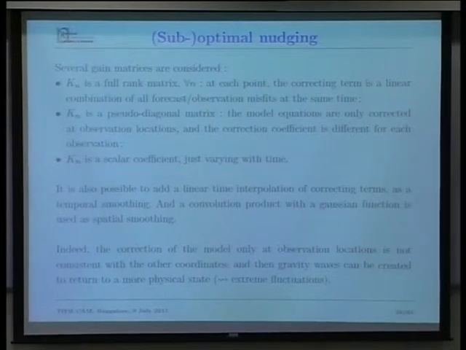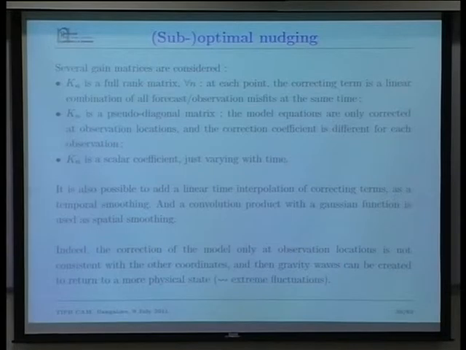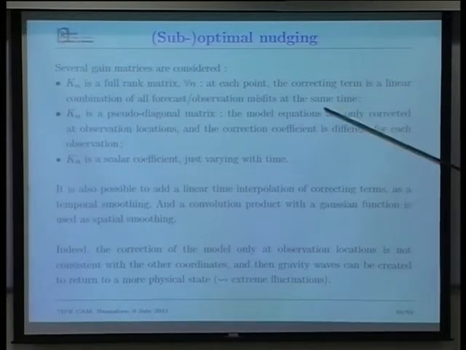So they considered several gain matrices. Either a full rank matrix at all the times, so it means that at each point of the model grid, you will correct your solution with a linear combination of all your forecast state and observations available at that time.